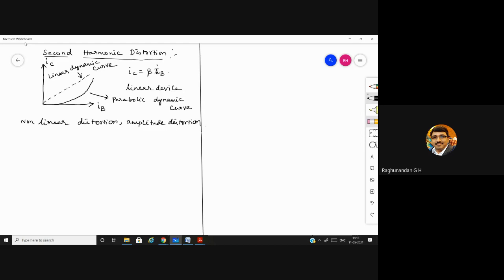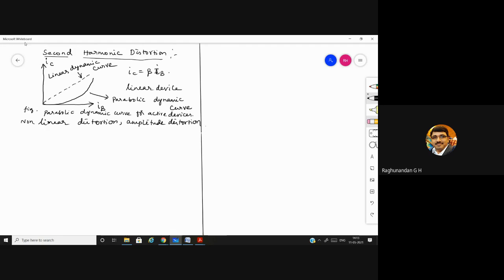Okay, these are the names. So what do you call this graph? This graph is the parabolic dynamic curve for an active device.